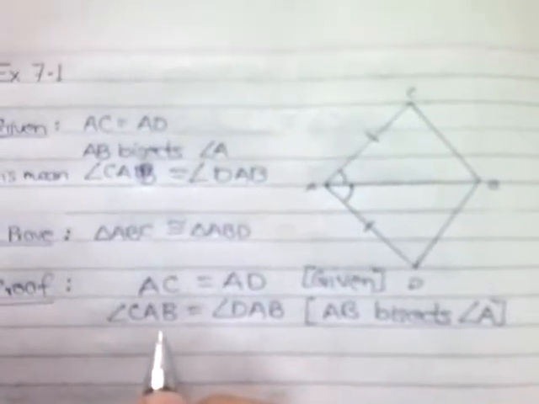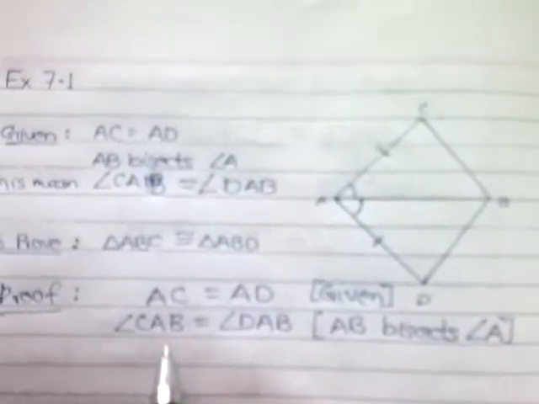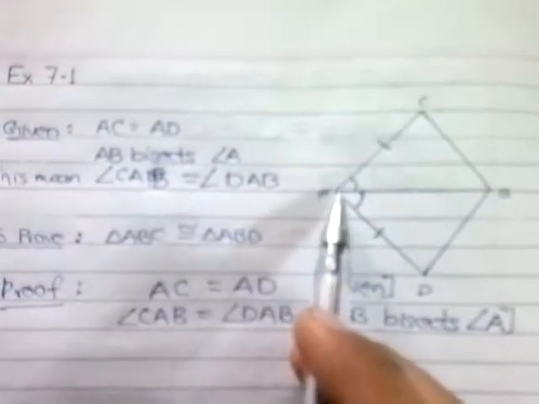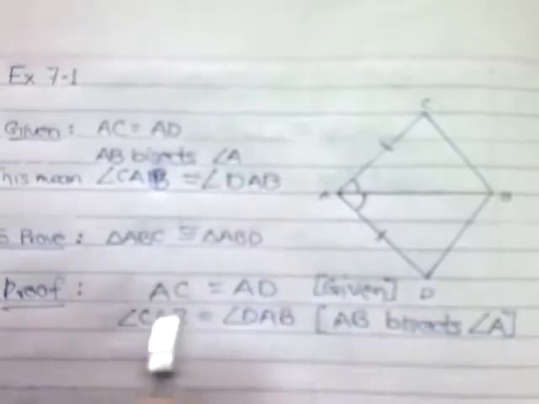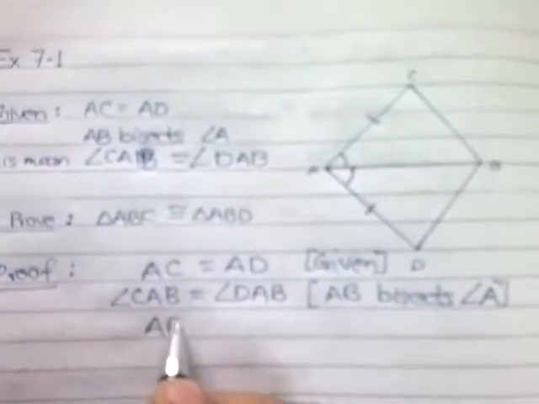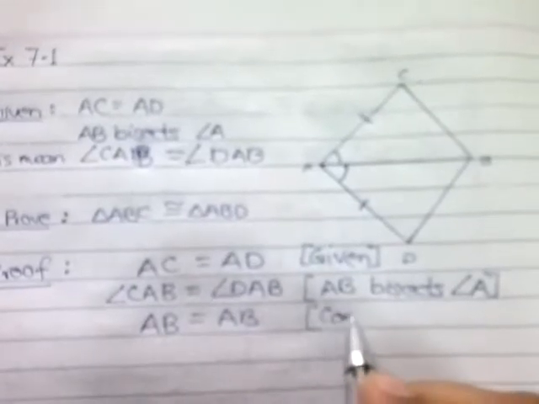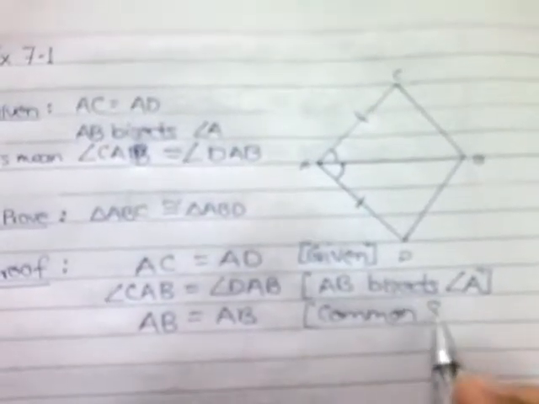And finally, what is the third element? Yes, AB is a common side, which means that AB is equal to AB. Common side, right?